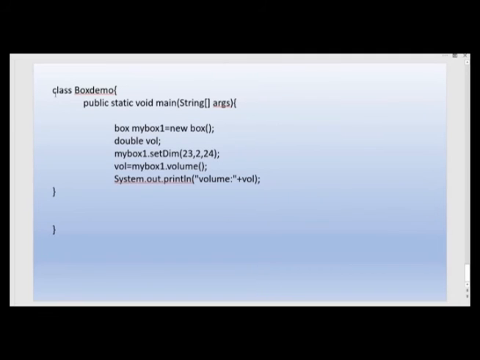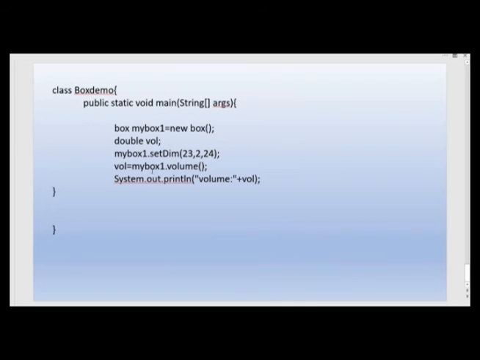And this program has another class, BoxDemo. BoxDemo is the name of the class. You can see the main method of the program. Box myBox1 = new Box. What is this? This is the creation of the object.